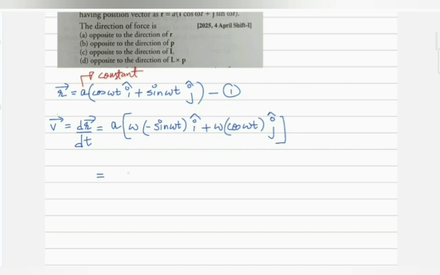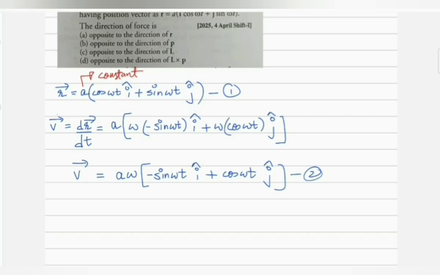So the simplified version will look like A times omega taken common, inside the bracket minus sin omega t i cap plus cos omega t j cap. This is the formula for velocity vector v vector. This is my equation number 2.